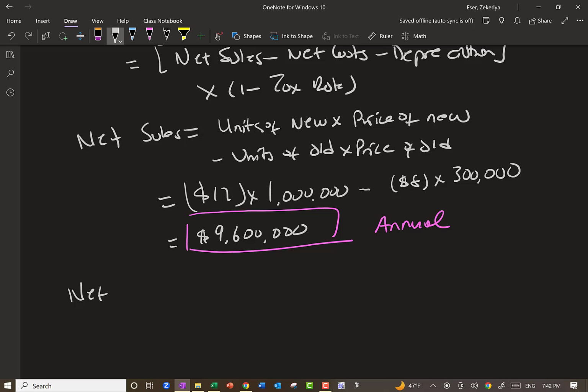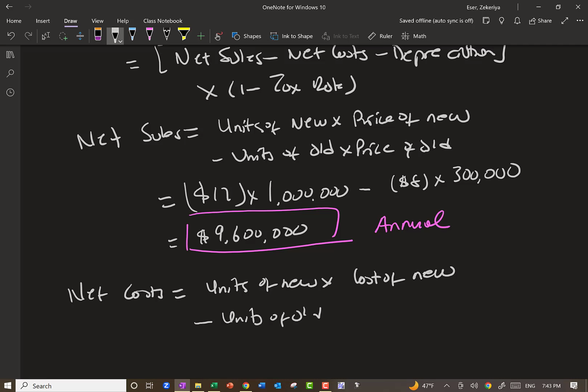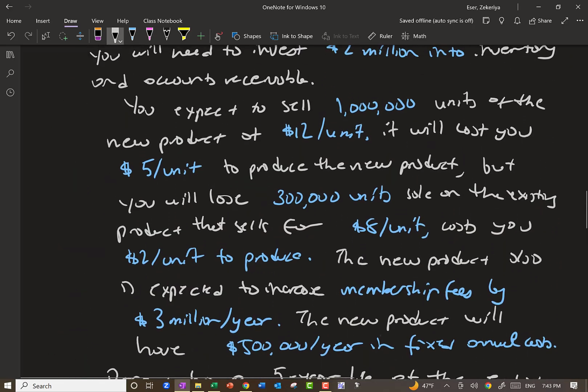Net costs: units of new times cost of new minus units of old times cost of old minus annual fixed. Oh, there was one thing I forgot. I need to add to net sales. Remember, I added a positive side effect.